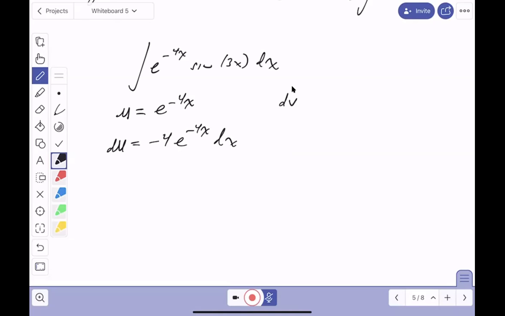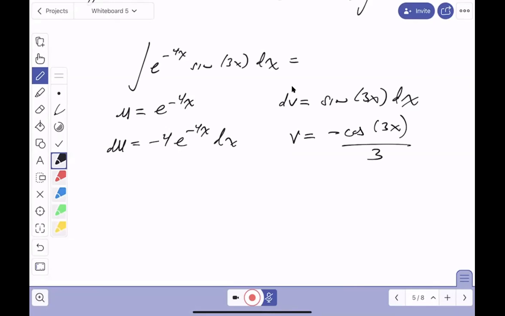And dv is equal to sine 3x dx. And v would equal what? Well, minus cosine 3x over 3.